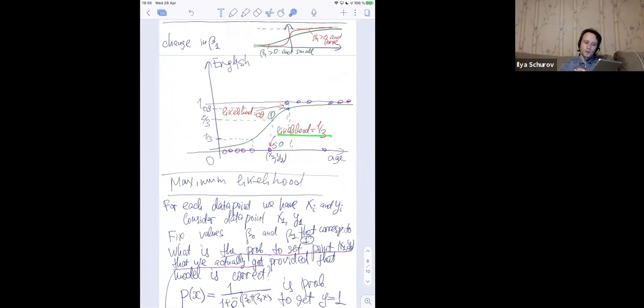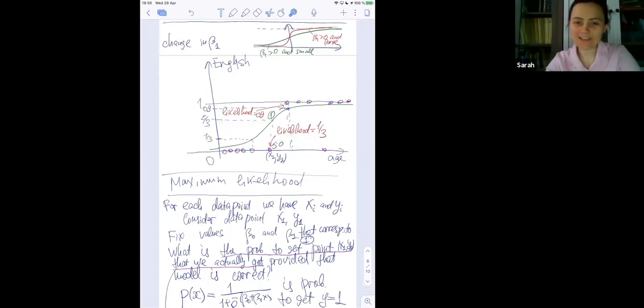We actually did it with this point and this point, and we can proceed with the rest of the points in the same manner. Is it clear how we figured out these likelihoods? Yeah, when we have the curve, yes.